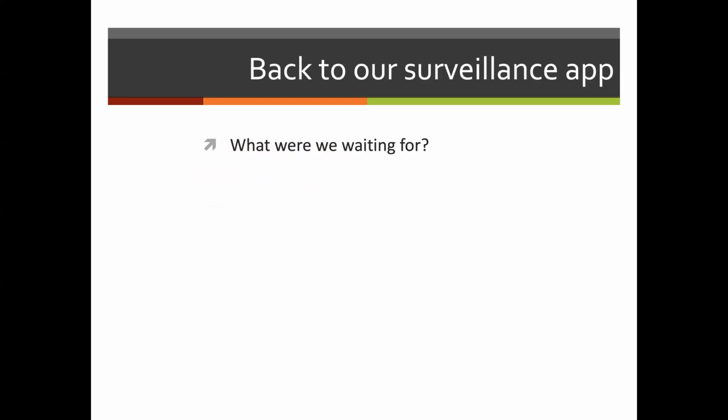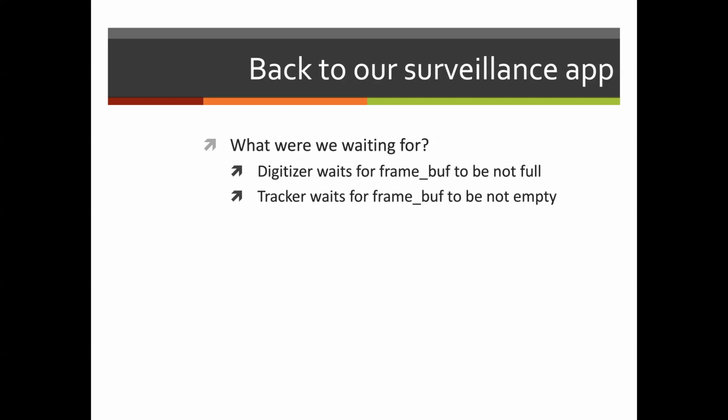But what exactly are we waiting for with respect to the digitizer and tracker? We want to consider that the digitizer waits for frame buff to be not full, and the tracker is waiting for frame buff to be not empty.